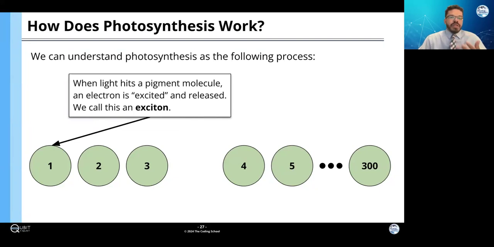That higher energy state, we're going to call an exciton. An exciton has a technical definition, and we can get into that as necessary. But I want you to think of the light energy being transferred from the photon into this quantum system, the electron on the pigment molecule.